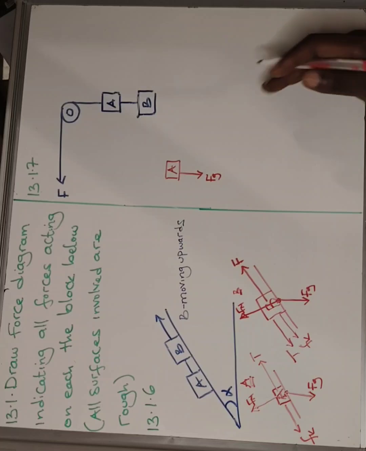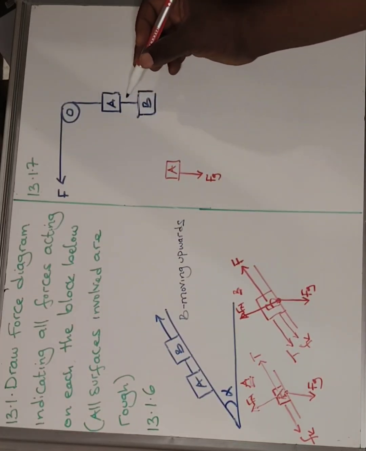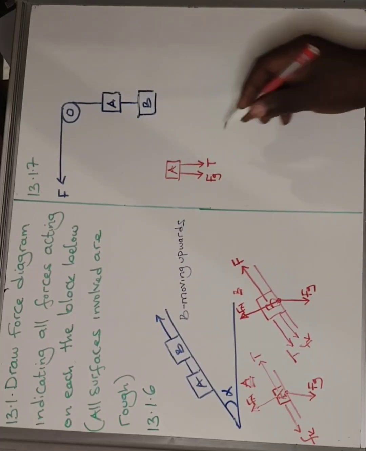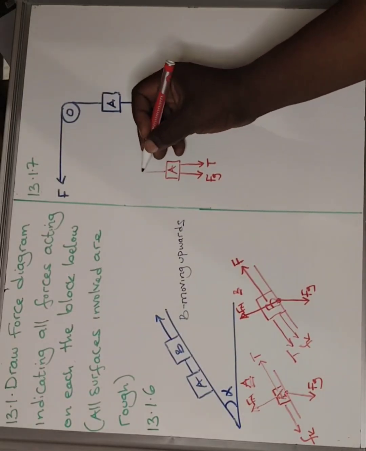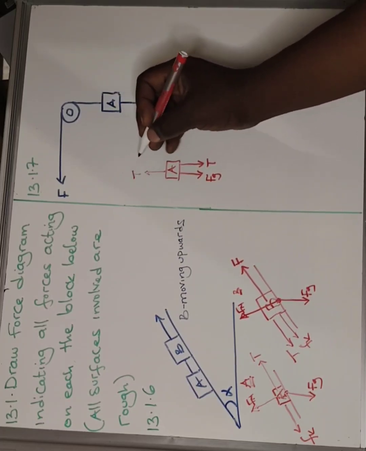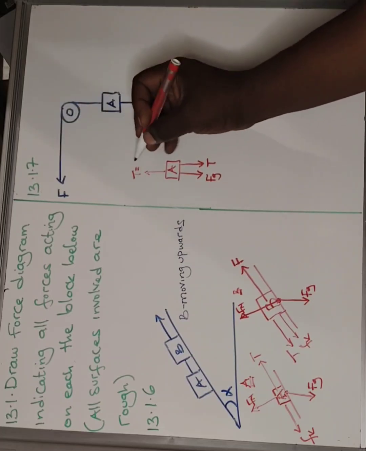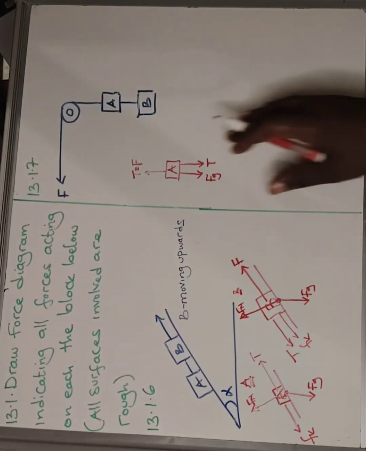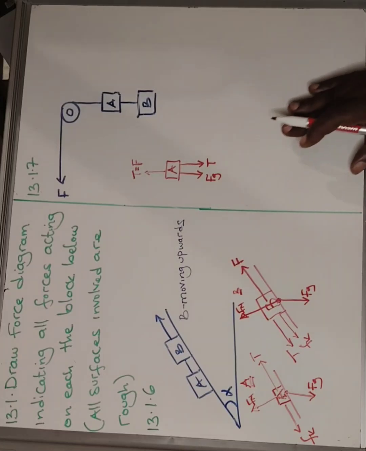We have the string on A, which comes with a tension. Now we have the string upwards, which also comes with a tension. But you also have to know that this tension here is equal to F. So you have two choices to pick from there. So what you have here is the force diagram indicating all the forces on A.